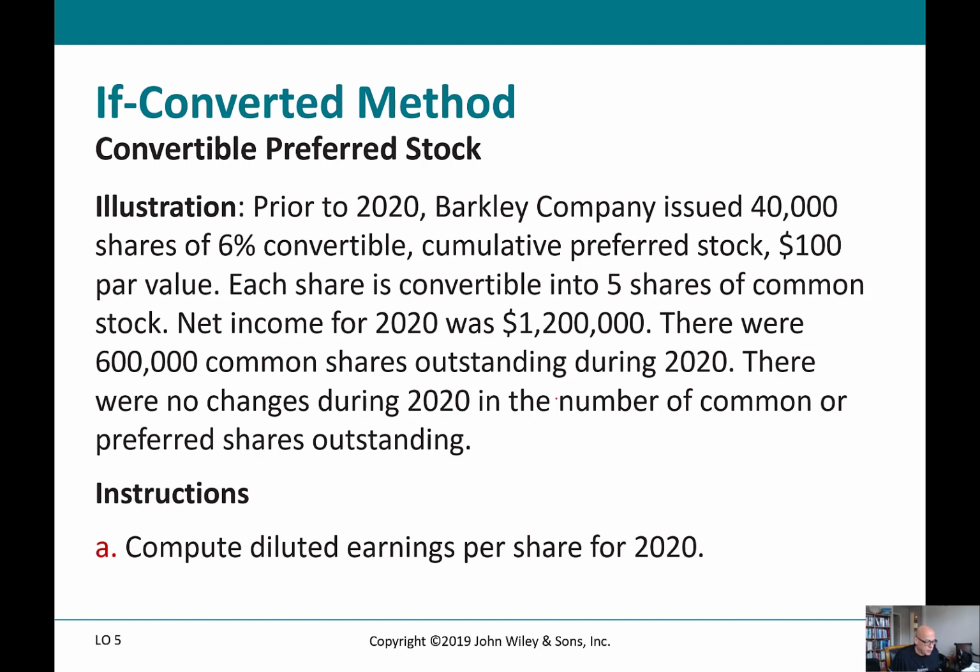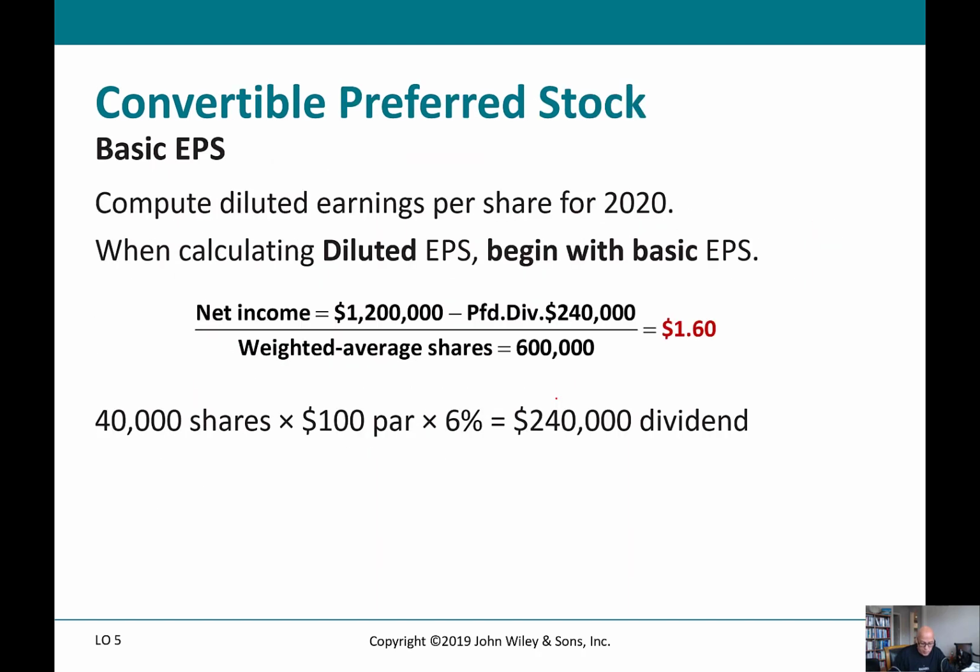Fine. That's fine. So we don't have to worry about calculating a weighted average, because there was nothing else that had happened during the year. I'm just going to consider, well, what happens if these had been converted, and we just assume that happened at the beginning of the year. Okay, so our primary, our basic earnings per share, of course, would have been our income minus the preferred dividend.